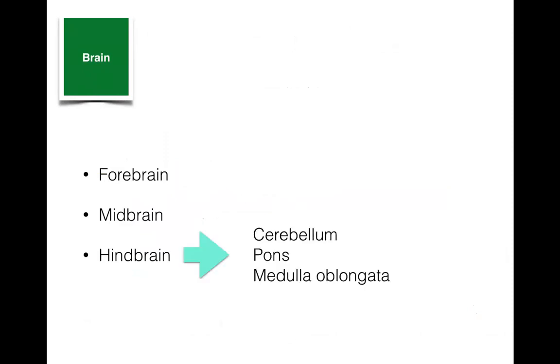The midbrain, of course, connects the forebrain with the hindbrain, and the hindbrain includes the cerebellum, the pons, and the medulla oblongata. The midbrain, together with the pons and the medulla oblongata, makes up what we call the brainstem. So the brainstem is the hindbrain and the midbrain minus the cerebellum.